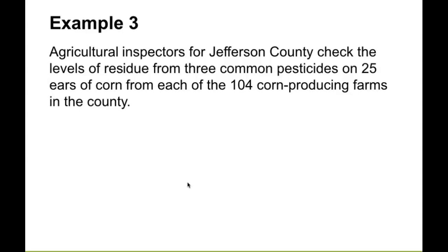So let's go back to our agricultural inspectors for Jefferson County, and they're trying to check the levels of residue from 3 common pesticides on 25 ears of corn from each of the 104 corn producing farms. What method makes the most sense for this?